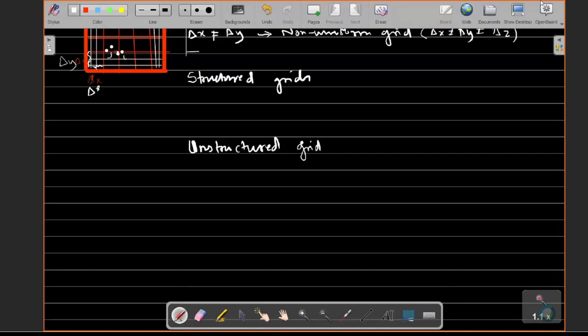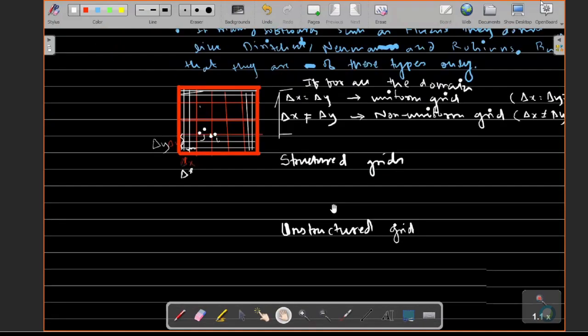They are decided for each and every grid point, and they are arranged in a very structured manner.